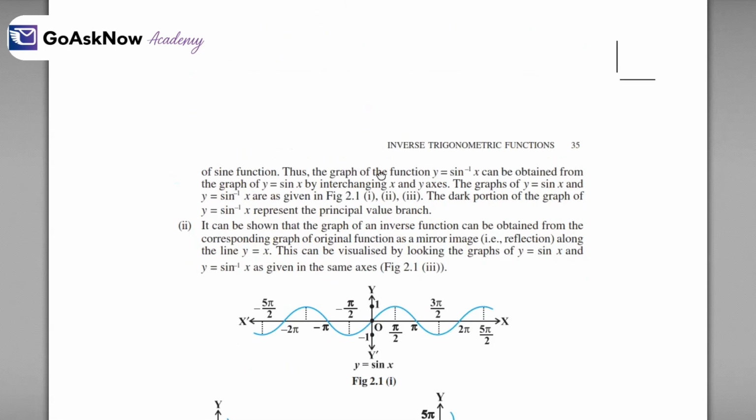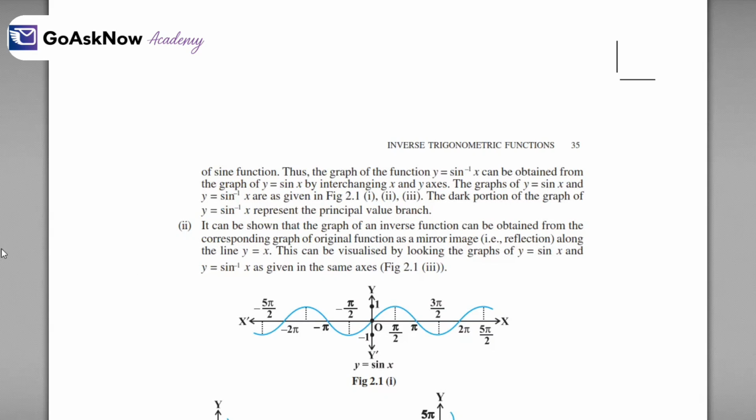So how can the graph of sine inverse x be obtained? Remember one thing: if you want any inverse graph, you should take the mirror image of the original graph, in the interval which is onto and one-one, about the y equal to x axis.